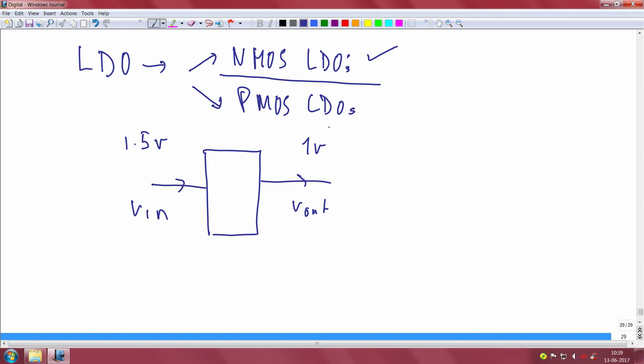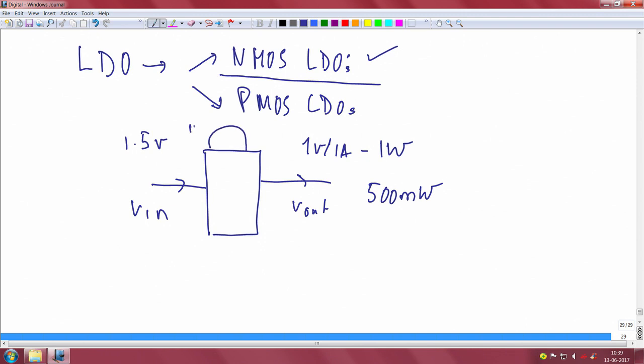You can have 1 amp even at 1 volt. So, you will be dissipating 1 watt, but the dropout is only 0.5 volts, right? If it is 1 amp, you only have 500 milliwatts of dissipation. You do not need any great heat sink.